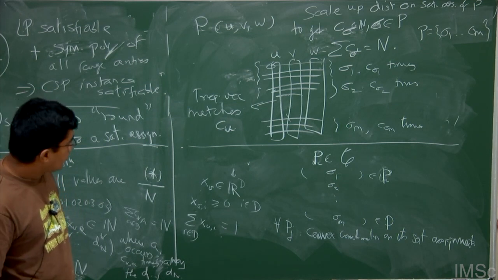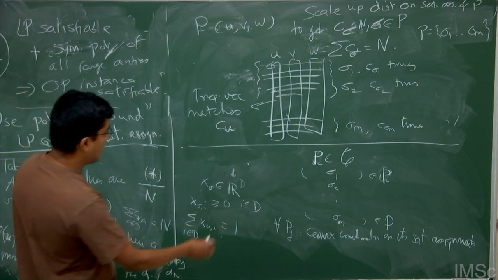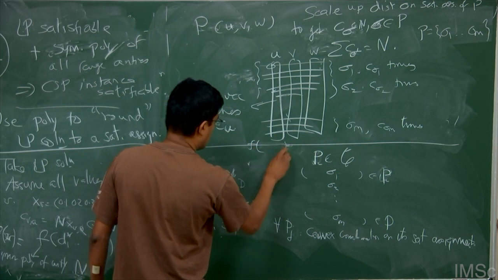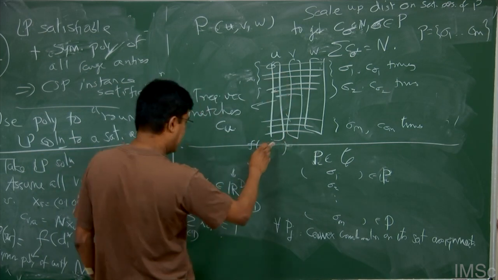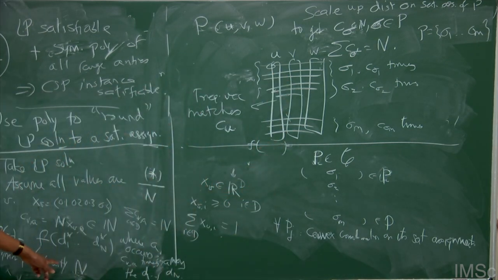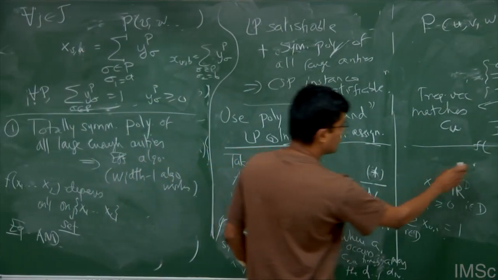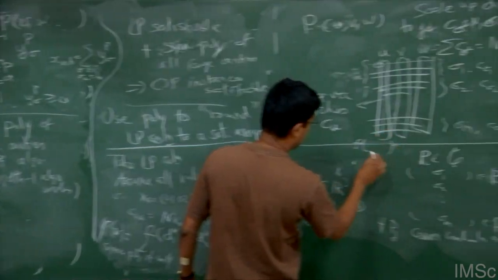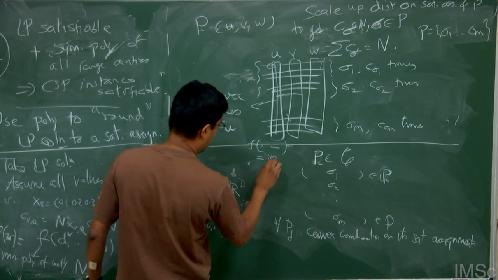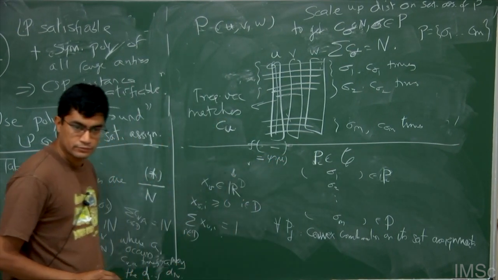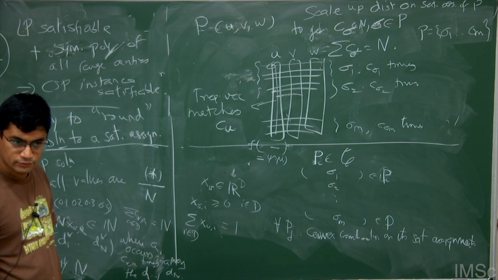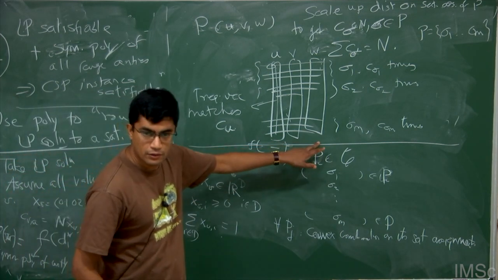So therefore, when I apply f to this frequency vector, it is the same thing as what I did here. I claim that f of this frequency vector has to be equal to psi of u. And the same for the second and the third column.